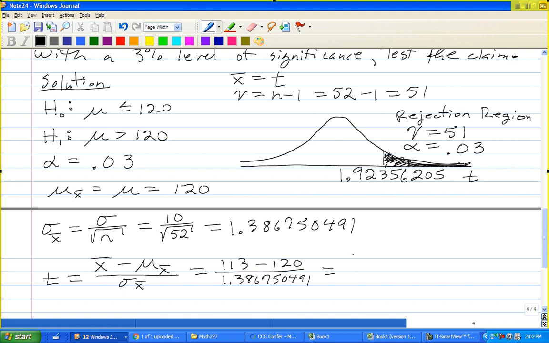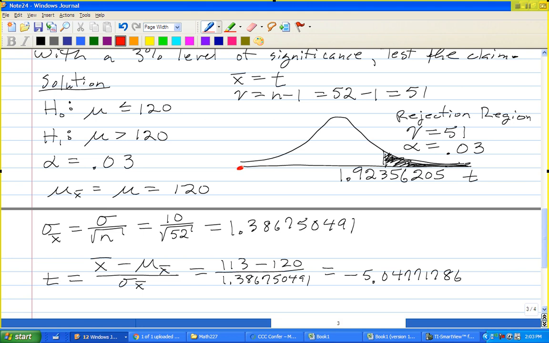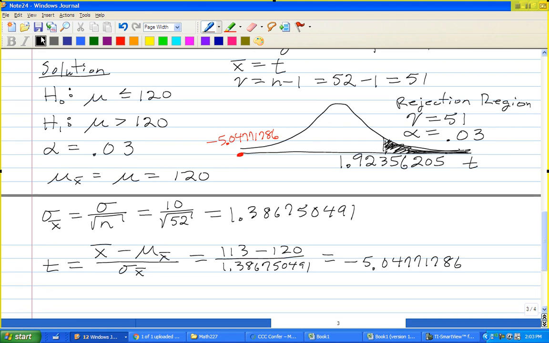Plug into your calculator, and you get -5.04771786. So you're way out here. Okay, good. And so you do not reject the null hypothesis.